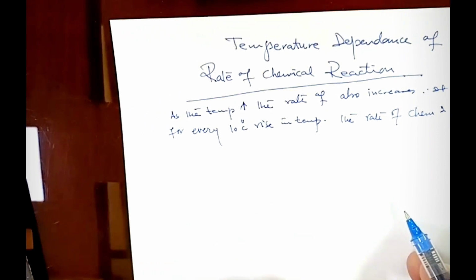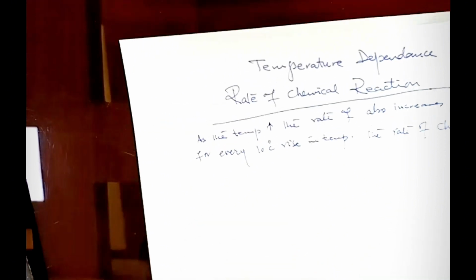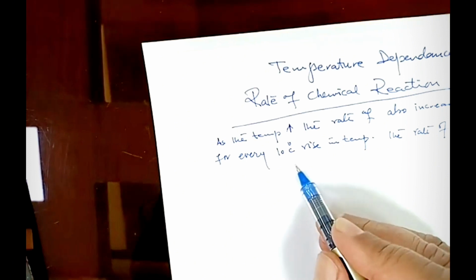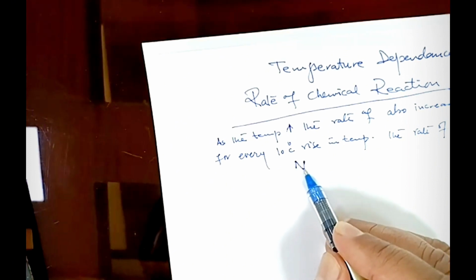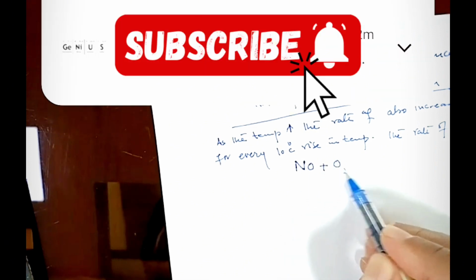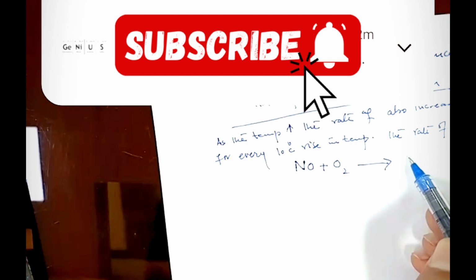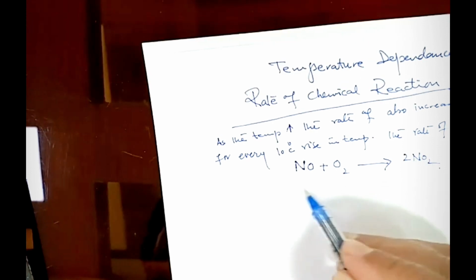The rate of reaction will be decreased by increasing temperature. It will become reverse. So for such type of reactions, I will give you the example, the formation of nitrogen dioxide from nitric oxide. If the nitric oxide undergoes oxidation, it produces NO2.